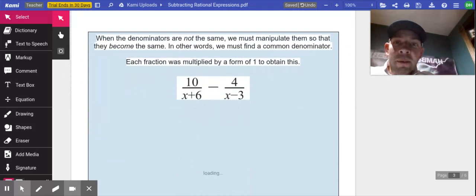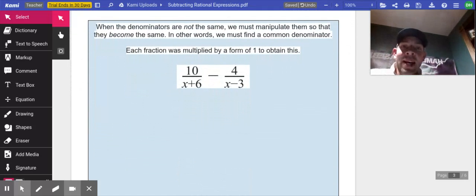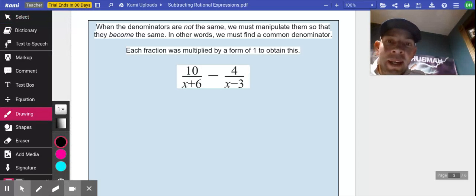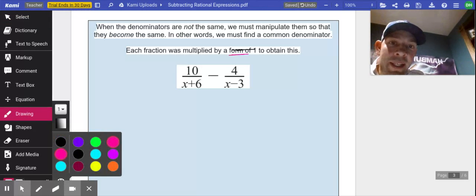Now, of course, the real challenge comes when the denominators are not the same. So now we have to manipulate these denominators until they do become the same. And the key, just keep telling yourself, is that we have to multiply by some form of 1. Whoopsie, I didn't mean to cross that off, I meant to highlight it. So we're going to multiply by some form of 1.